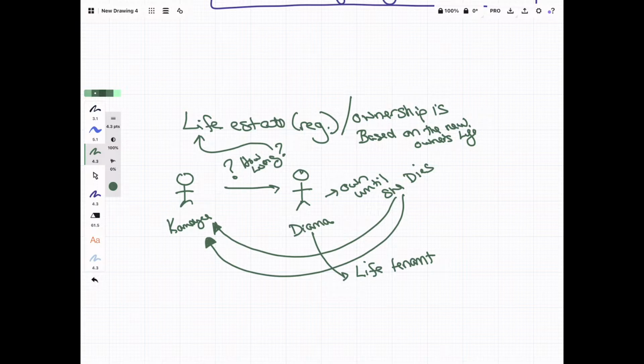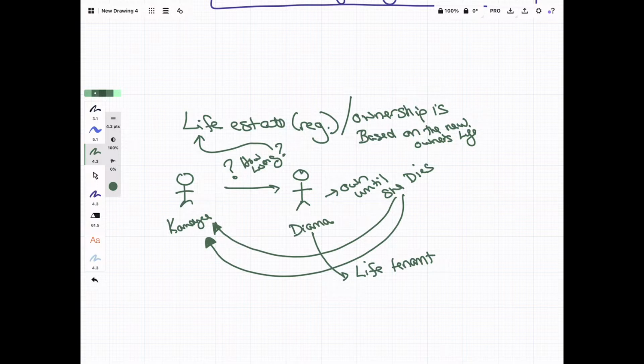That would be a reason for me to say, hey, Diana, you're my bestie. I always want to look out for you. But at the same time, I don't want my family to lose out permanently. So, Diana, you own this house as long as you're alive. But when you die, it goes back to me and my family. Now, there's all sorts of reasons why people might do this. But that's an easy one.